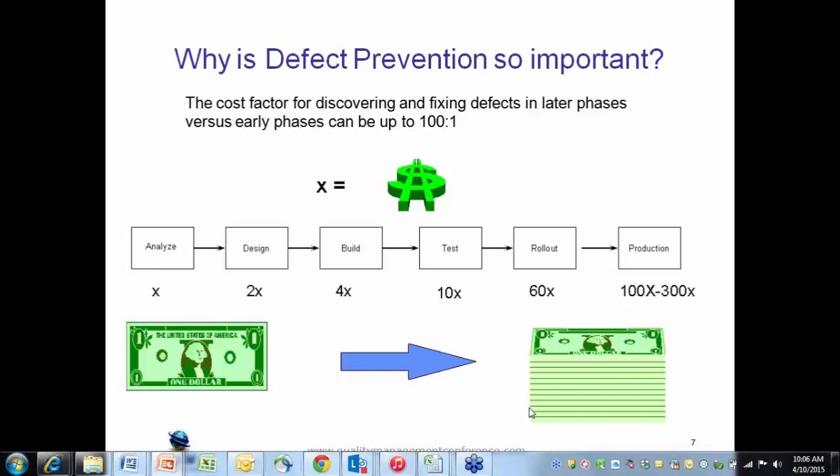Companies understand that if you wait until your formal testing phases to find a defect, yes, that's better than how we've done it over the past couple of decades, but it's still costing the company a lot of money. So they want to find those defects earlier and earlier in the software development life cycle.